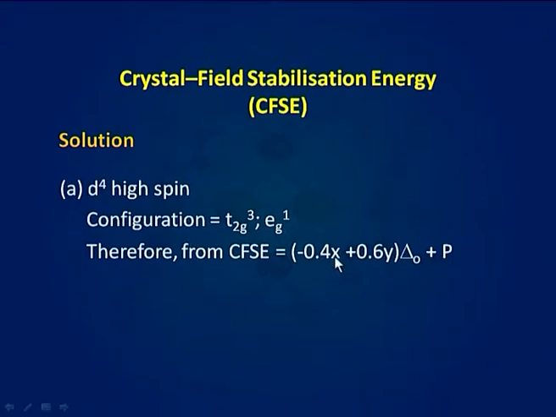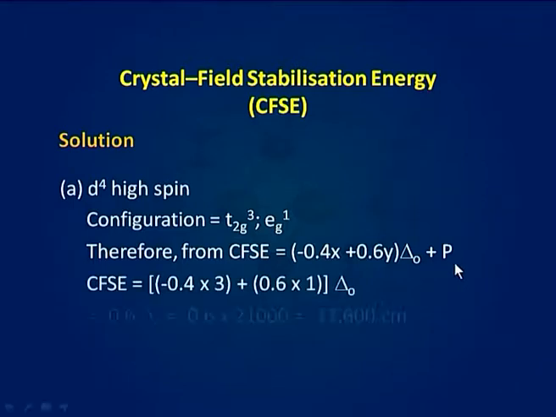As you know, x is equal to the number of electrons in the t2g level, which is equal to 3 here, and y is equal to the number of electrons in the eg level, which is equal to 1. Delta O is the crystal field splitting energy for octahedral complexes and P is the pairing energy.